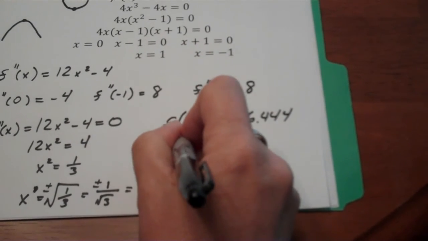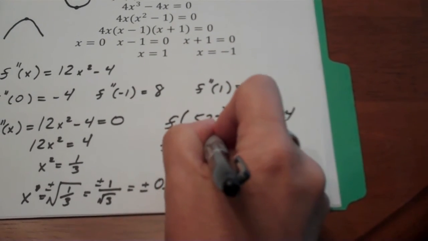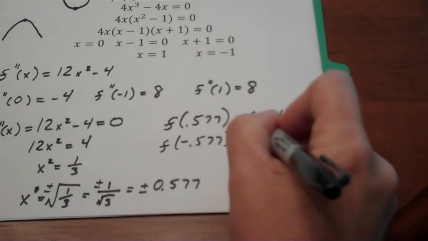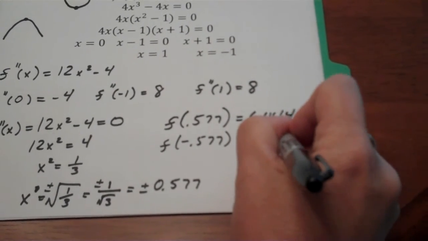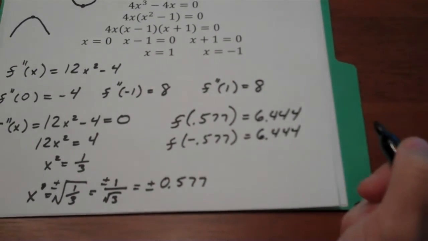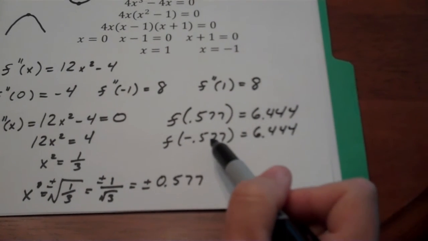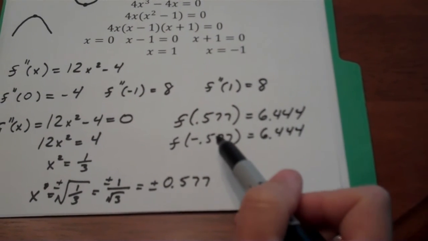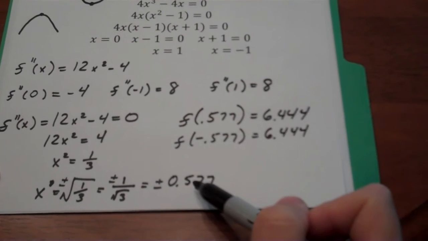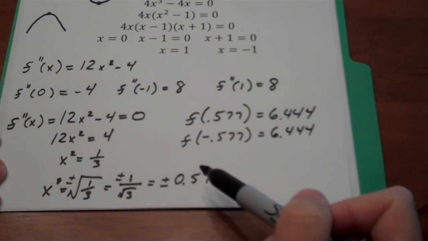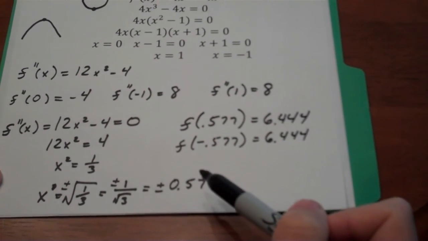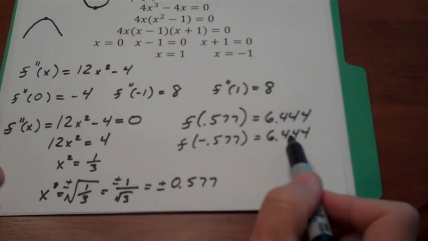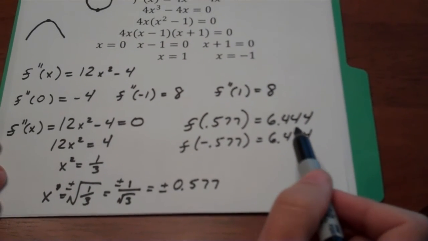Likewise, if I plug in a negative 0.577, I also get a positive 6.444. Now, I'd like to point out that when I put these values into my function, I did not put the rounded value. Rather, I put the value in decimal form all the way back to infinity, and then rounded my answer to the nearest thousandth place.